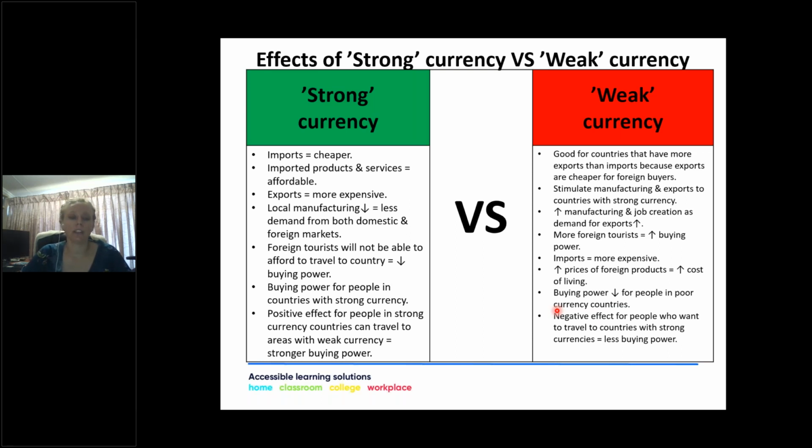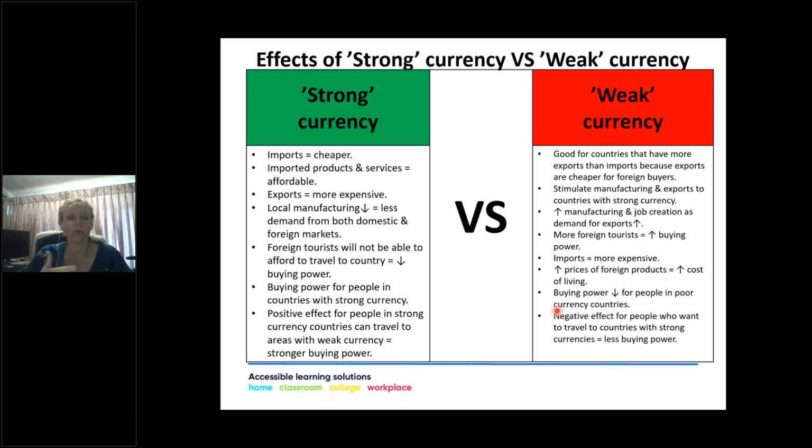So let's quickly look at what the differences mean for countries with a strong currency versus countries with a weak currency. So if you have a strong currency, it means that your imports are cheaper. Your imported products and services are more affordable for the people living in your country.